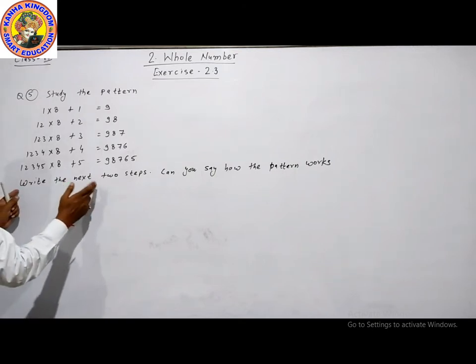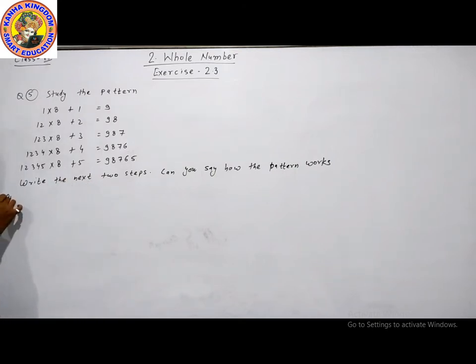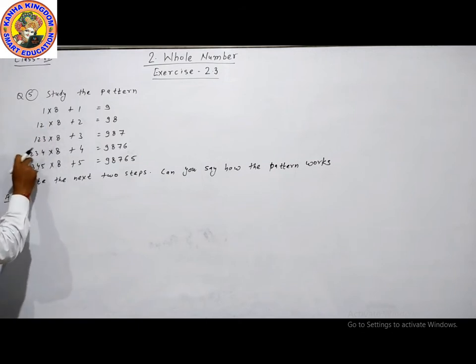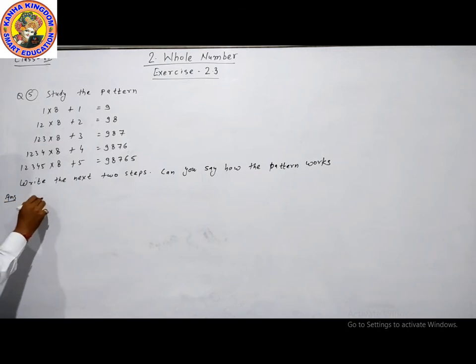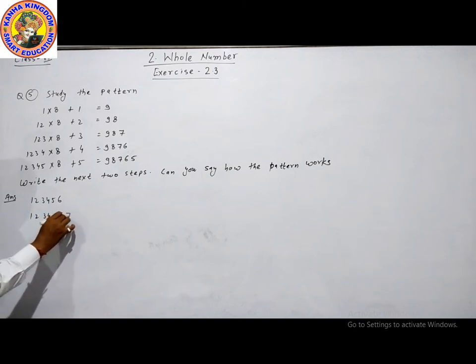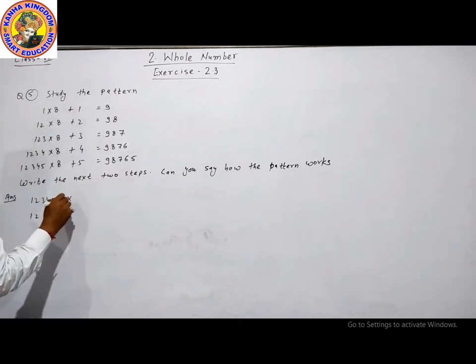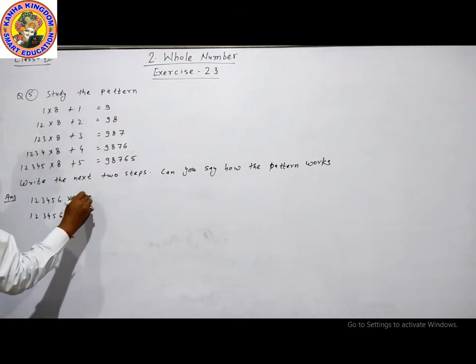Now our first question is, write the next two steps. Take from starting 1, 1, 2, 1, 2, 3, 1, 2, 3, 4, 1, 2, 3, 4, 5. So 1, 2, 3, 4, 5, 6, and next is 1, 2, 3, 4, 5, 6, 7. Which multiply by 8?